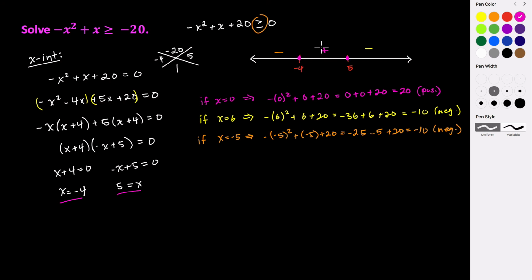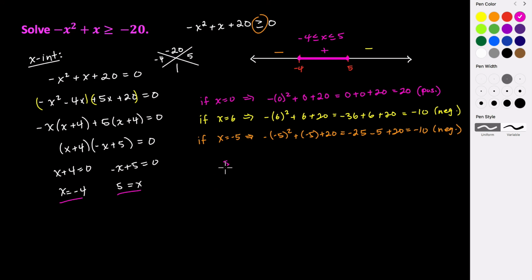And then this being positive is saying that everything in between those values is part of the solution set. So our solution is all of the values in between negative 4 and 5. So negative 4 less than or equal to x less than or equal to 5.